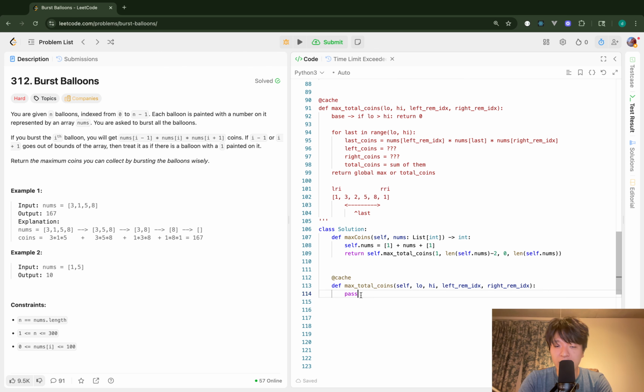So it's okay. Okay, that being said, I implement the max total coins method. So for the base case, this. And then I will choose the last index.